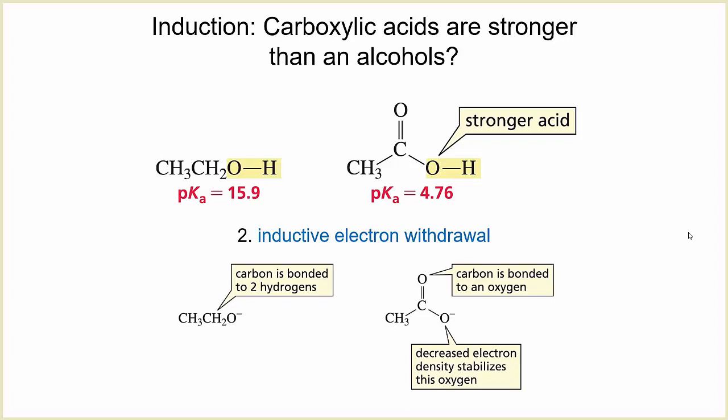The second important thing to think about is something called the inductive effect. Actually, it's really the third important thing to think about, something known as inductive electron withdrawal. You can attribute that to a dipole that's created between this oxygen and carbon.